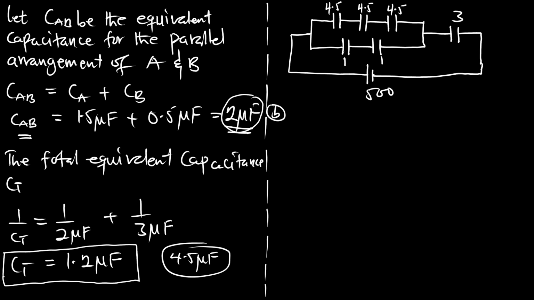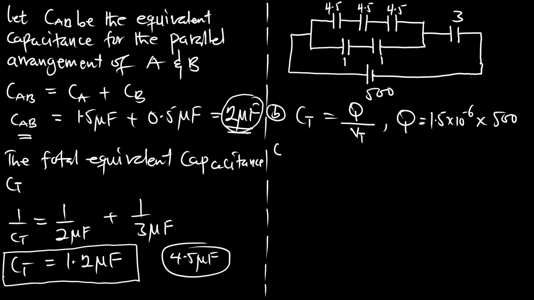For the B part, we have this formula: the total capacitance of the circuit is equal to the total charge over the total voltage. So if we want to find the charge in the circuit, that is going to be the total capacitance, which is 1.2 microfarad from the first part, 1.2 times 10 to the power -6, and the total voltage is 500 volts.